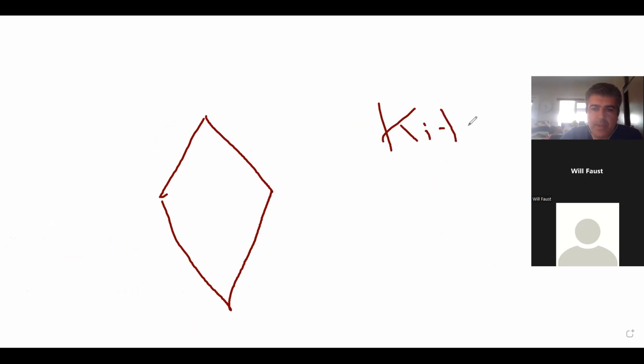Then a kite. We call that a kite. Well, we should know how a kite looks. I mean, some kites could have different shapes, but that's kind of your traditional kite.